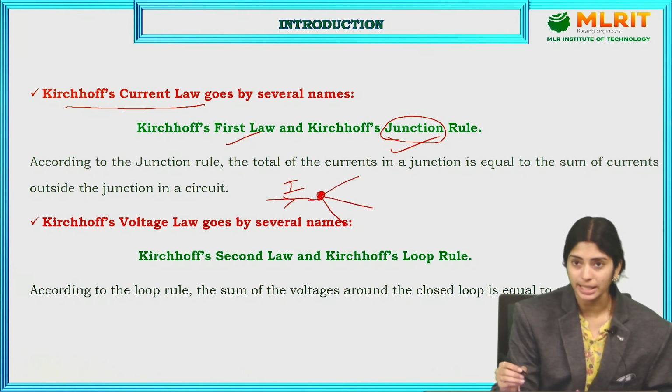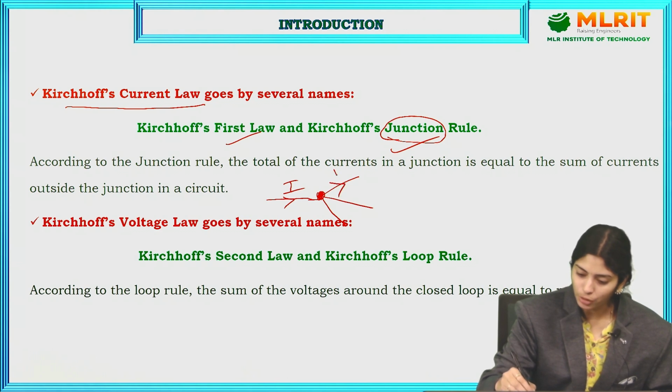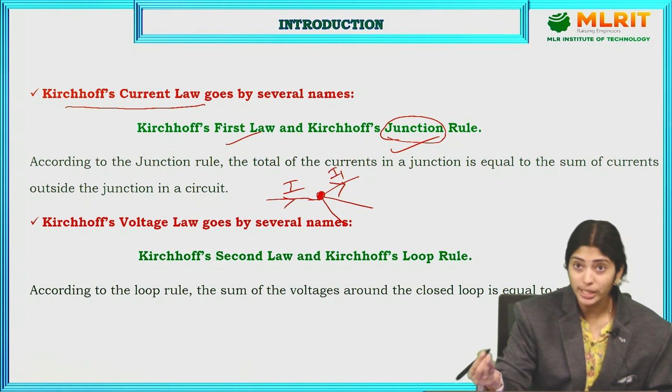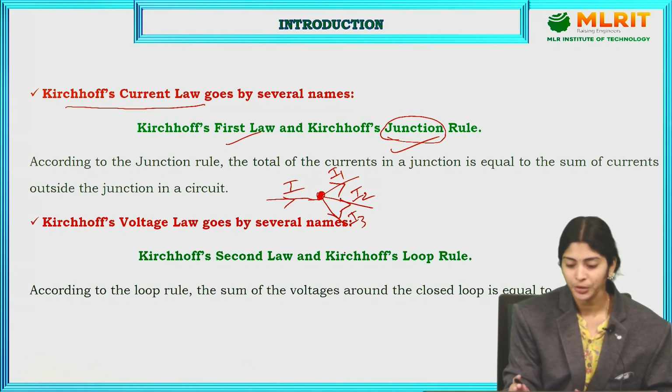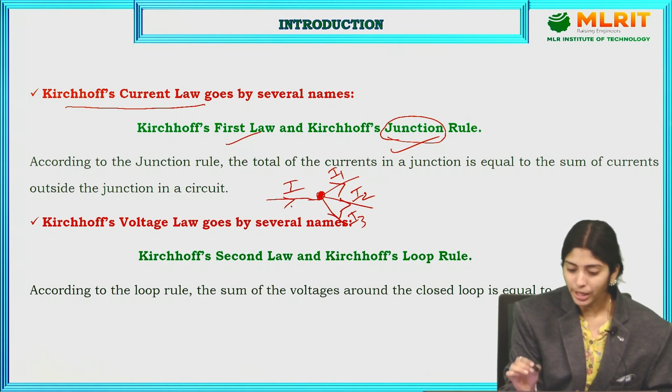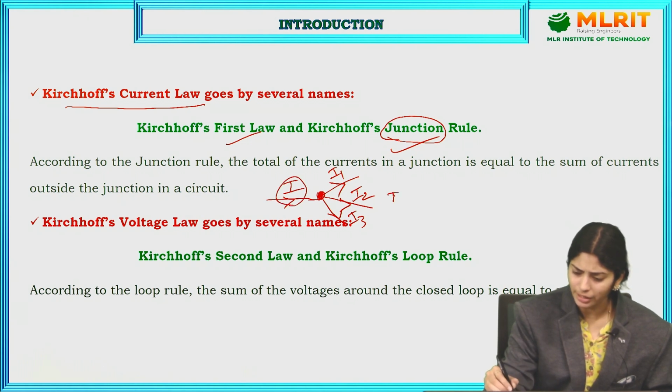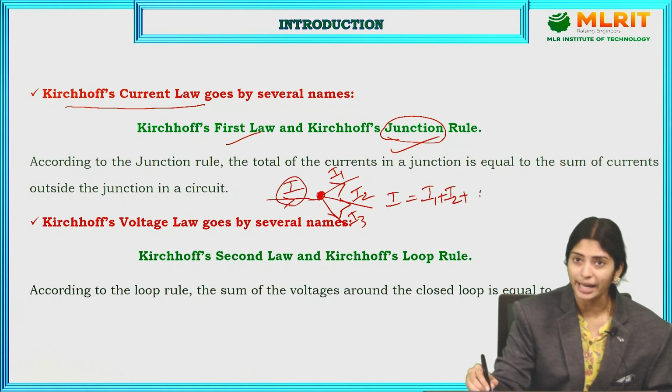Let us consider that I1 amount of current is flowing outside the node, I2 amount of current is flowing, and I3 amount of current is flowing in this branch outside the node. So according to the KCL, the total current I is equal to I1 plus I2 plus I3.